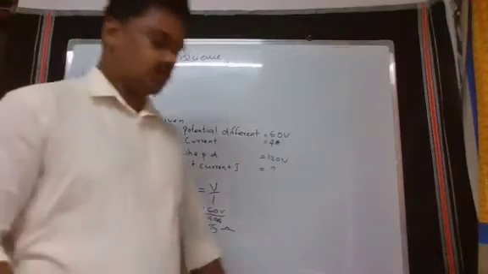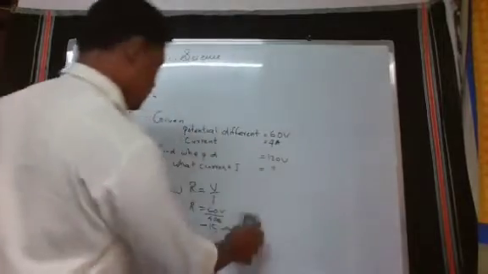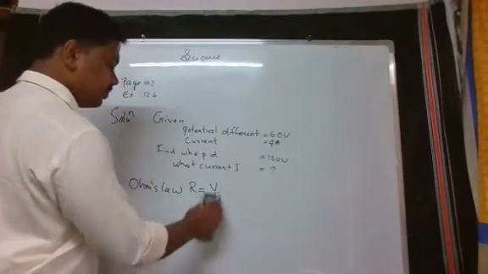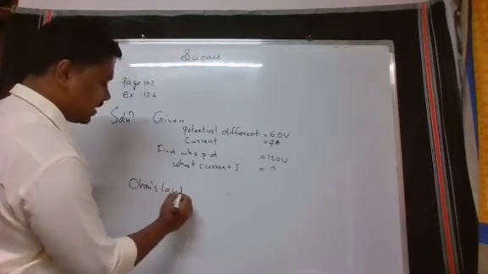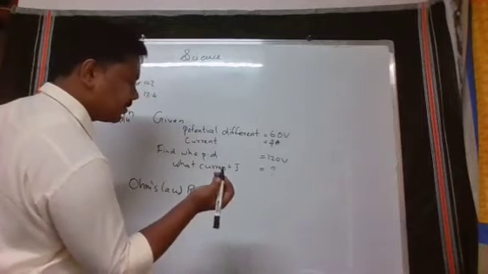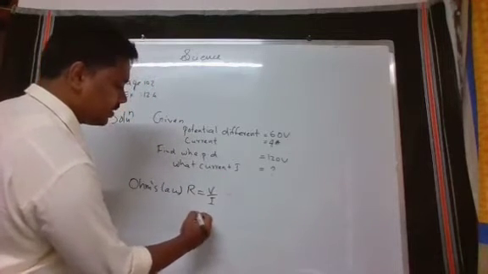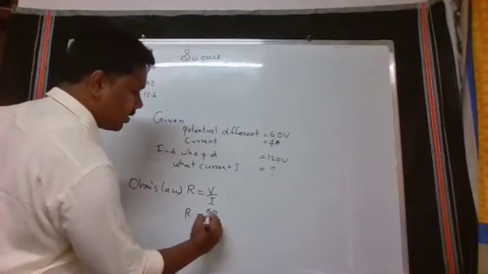Sorry, a small correction. According to Ohm's law, we want to find the resistance R. R is equal to V by I. Up to there it is clear, no? We are giving the values for V and I, that is 60 and 4.